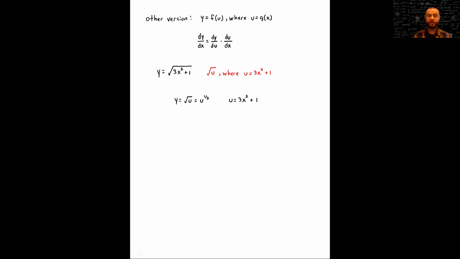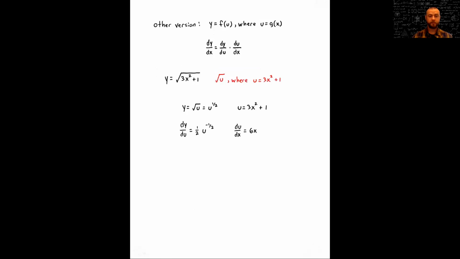Let's calculate each of those derivatives, applying the power rule. The derivative of y with respect to u should be 1/2 times u to the negative 1/2. Very similar to our application of the power rule in the previous version. And if we differentiate u, we still get 6x for the derivative of u with respect to x.